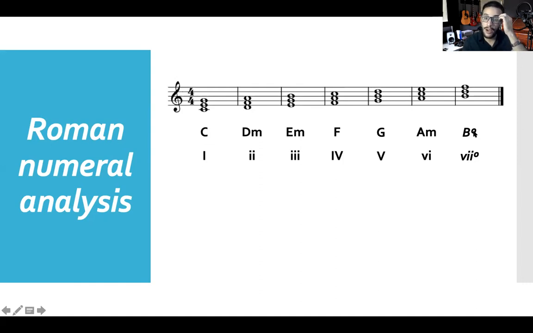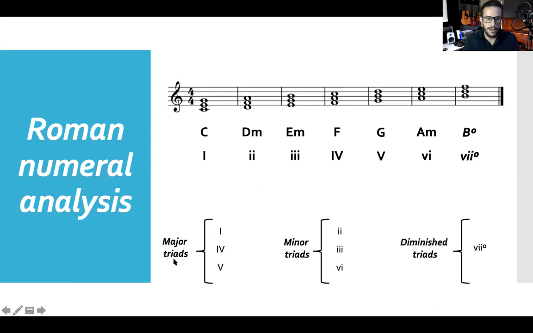How do you state the diminished? With simply this little circle put on the right of the letter. And with the Roman numerals, it's a lowercase v, lowercase i, with this little circle at the end. That's the way you label a diminished chord. Again, you don't need to know what a diminished chord is. It's not for now.